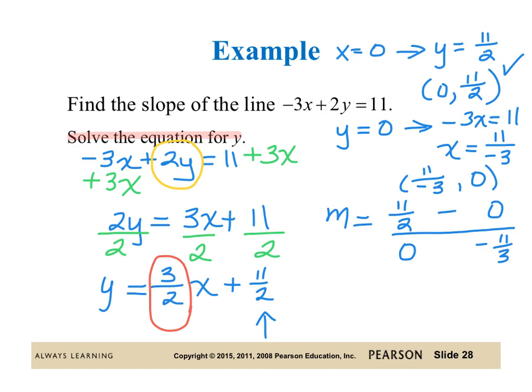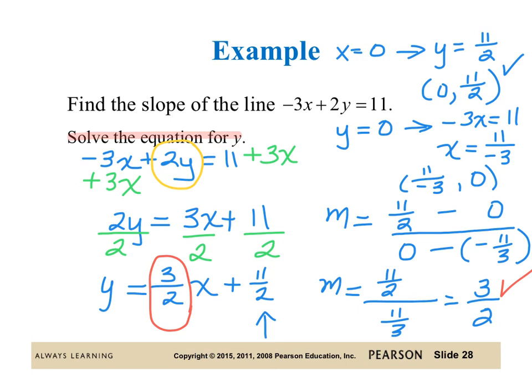And I'm going to subtract those. Yes, I know we're dealing with fractions. It's not fun, but you can do this on your calculator. So the slope is equal to 11 over 2 divided by positive 11 over 3. And if you divide that on your calculator, the resulting fraction is in fact 3 over 2, the same as it was before.